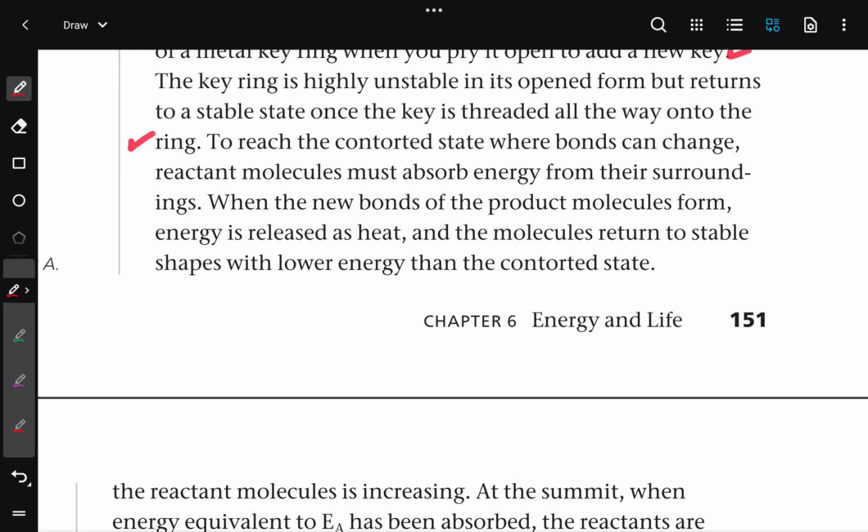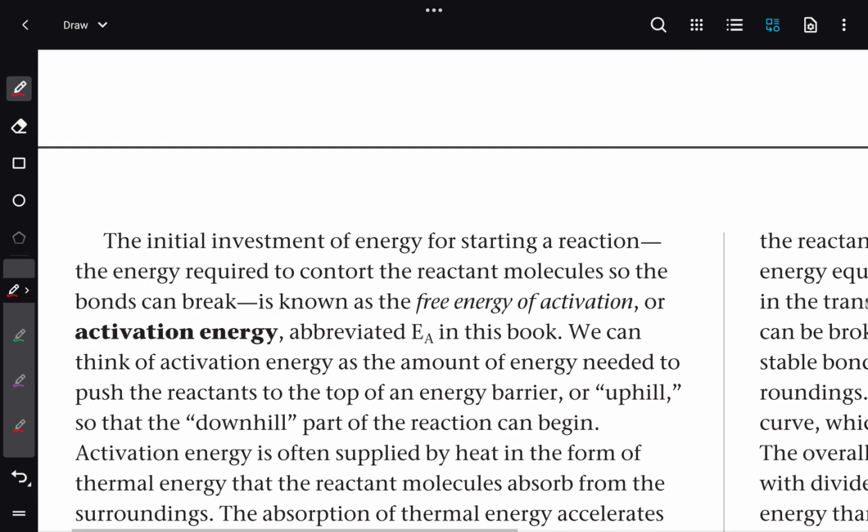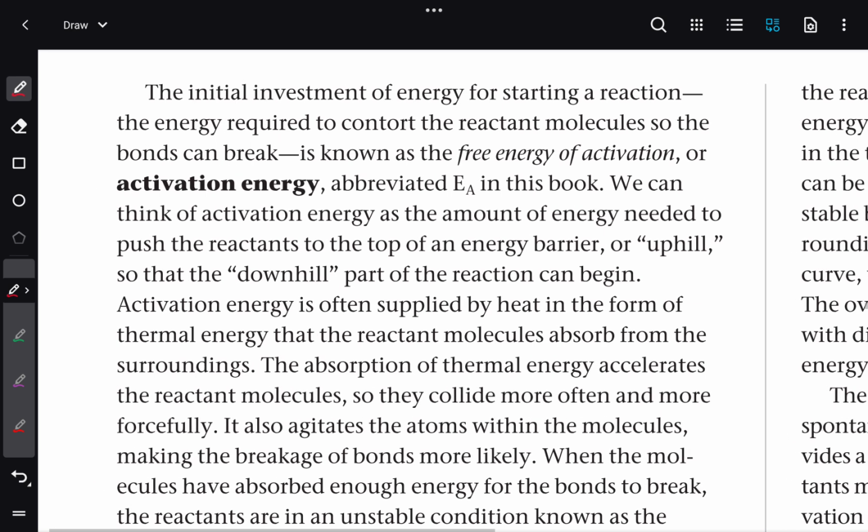To reach the contorted state where bonds can change, reactant molecules must absorb energy from their surroundings. When the new bonds of the product molecules form, energy is released as heat, and the molecules return to stable shapes with lower energy. That's the second law of thermodynamics.